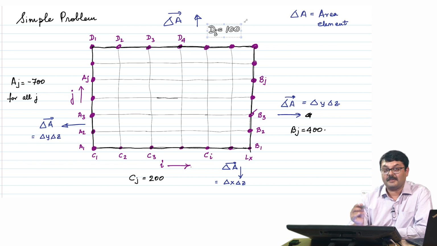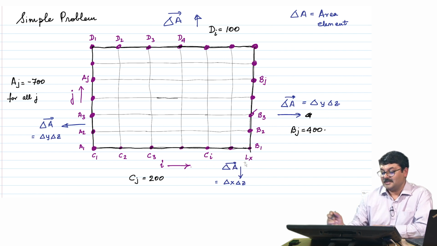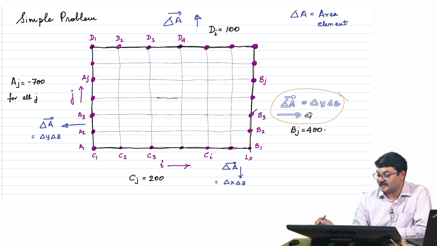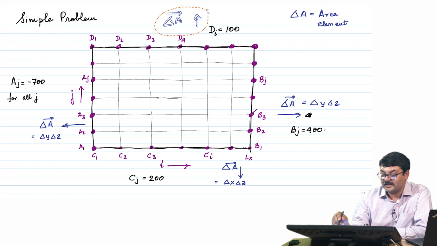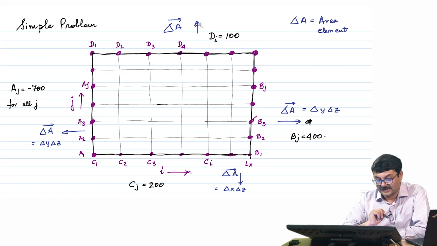And if you remember your Gauss's law, if you take A j dot area, now the area element is normal to the surface, pointing out, in this direction here, and in this direction there, right.